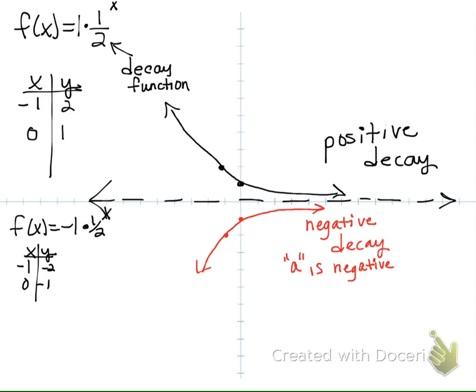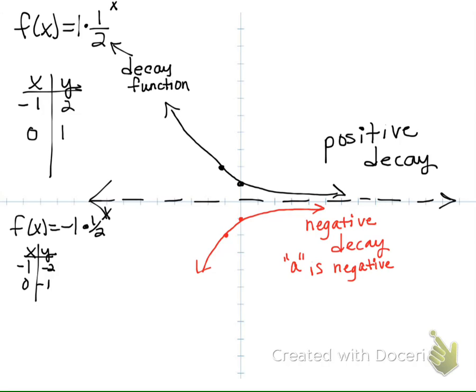All right, so A determines positive or negative. You with me on that? I don't care if A is a fraction or a whole number or an integer. That does not determine anything. You with me on that? The only thing we're checking on the A is, is it positive or negative?